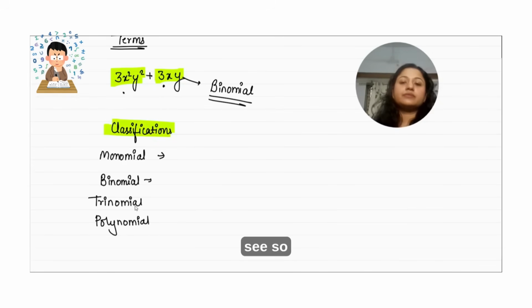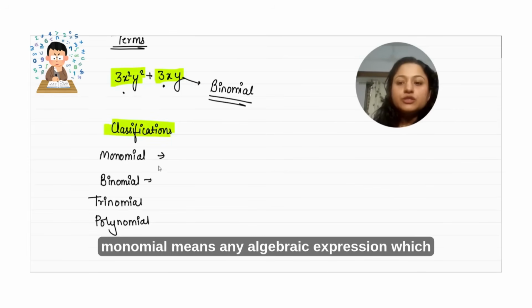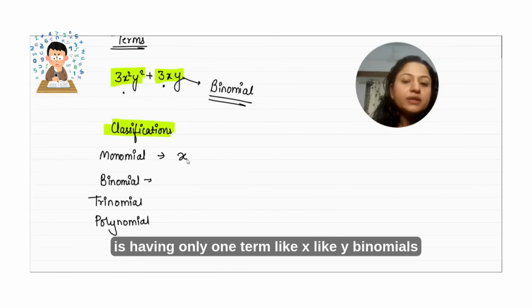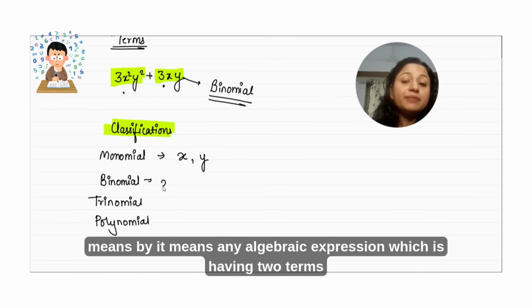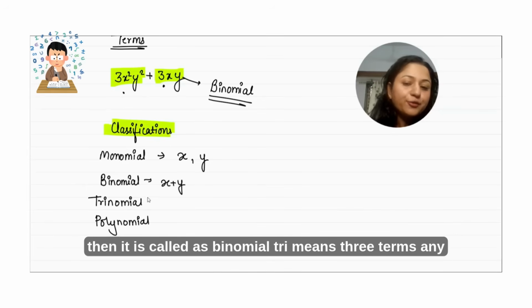Now see, monomial means any algebraic expression which has only one term, like x, like y. Binomial means bi, it means any algebraic expression which has two terms is called a binomial.